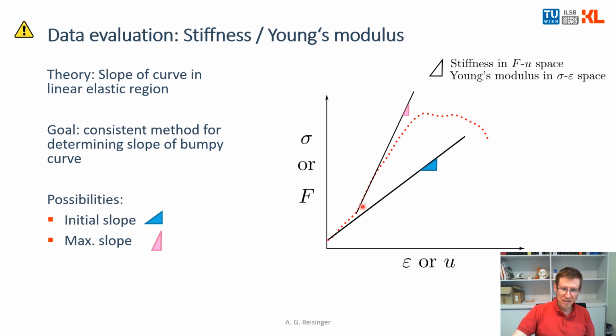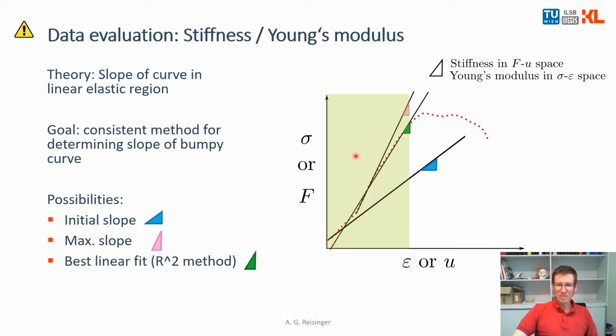In this example, the maximum slope occurs somewhere here, and this would now be your stiffness or Young's modulus. And you see there's already a huge difference when you have test data like this. Depending on the strategy, your values are also different.